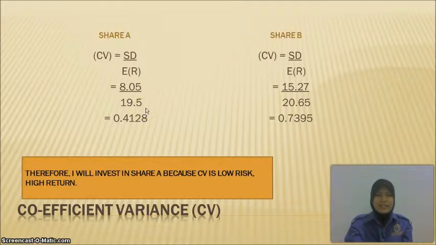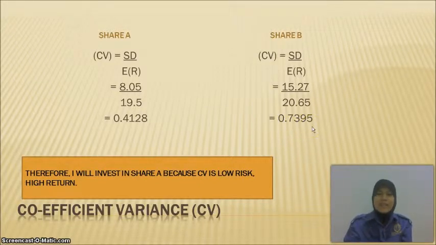You will get 0.4128. And for share B, standard deviation is 15.27 divided by 20.65. You will get 0.7395.